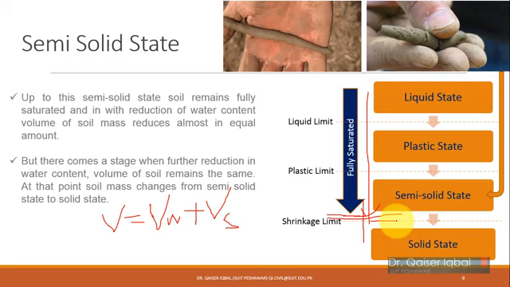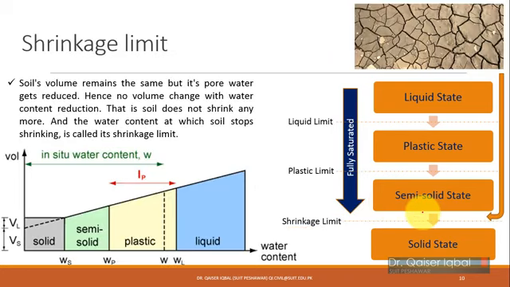So if you are reducing the volume of water, the volume of the sample will not be reduced, because this is the point beyond which changing the moisture content will not change the volume. So this limit will be known as shrinkage limit, which means that if you reduce the moisture content further, the soil will not shrink further, the volume will not change.